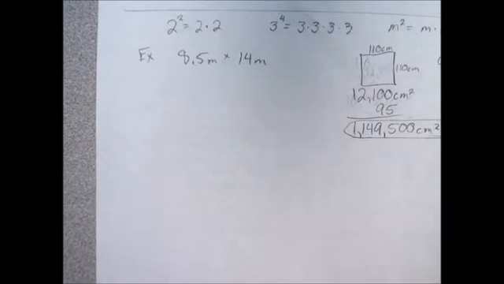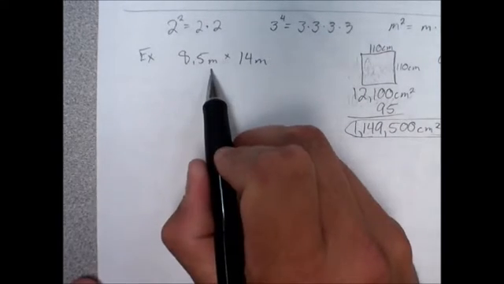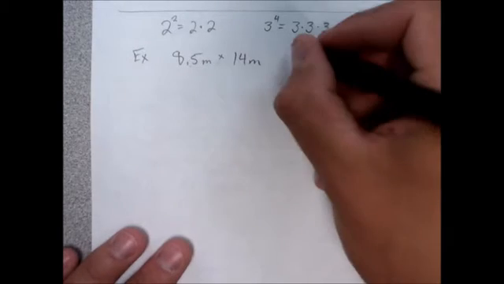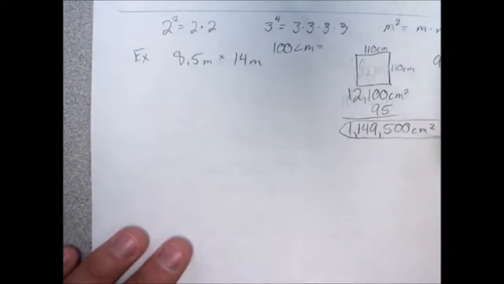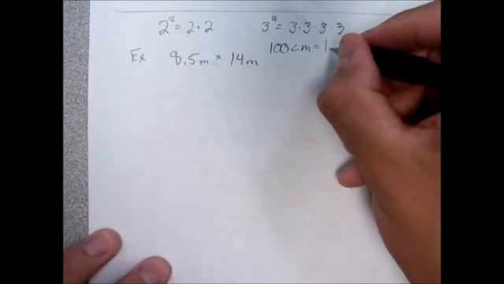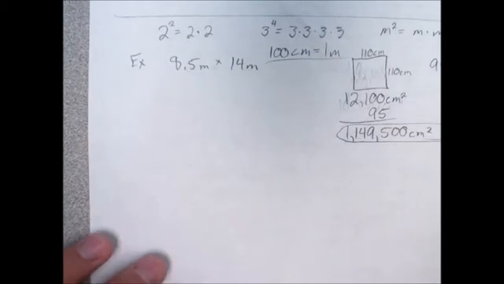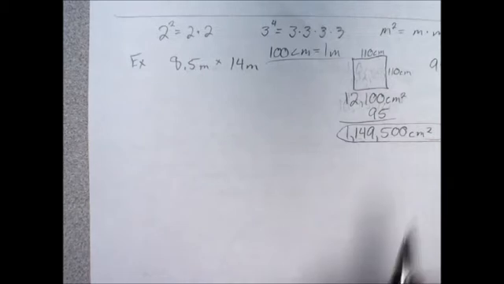Or I can find the area and then convert it. Okay? I'm going to show you both ways just so that you can see the difference. How many centimeters are in a meter? 100, right? That's why they have a meter stick that's 100 centimeters long. Yep, and centa, the prefix, means 100, right? Like centipede.